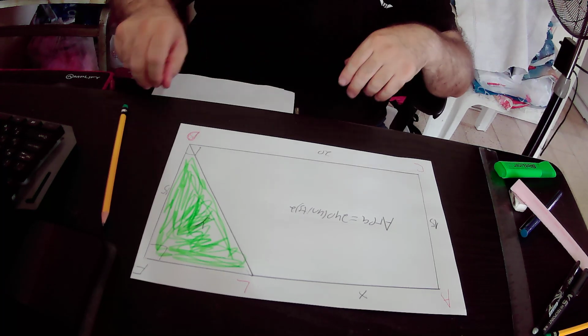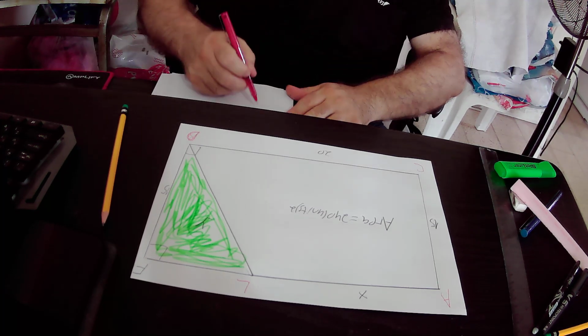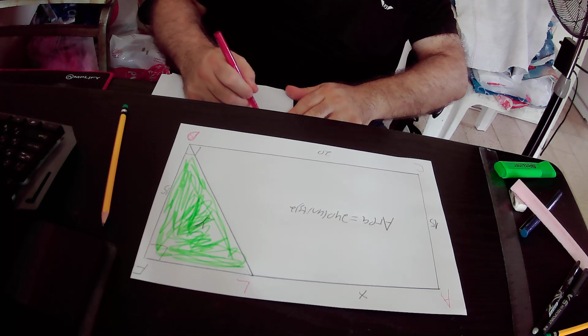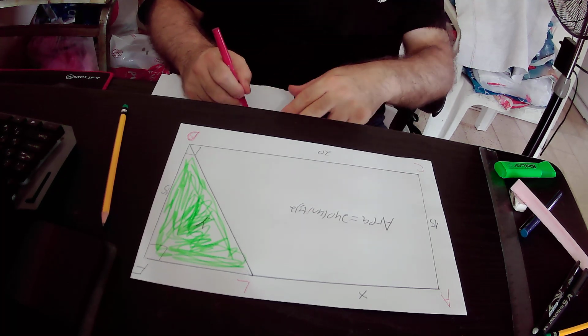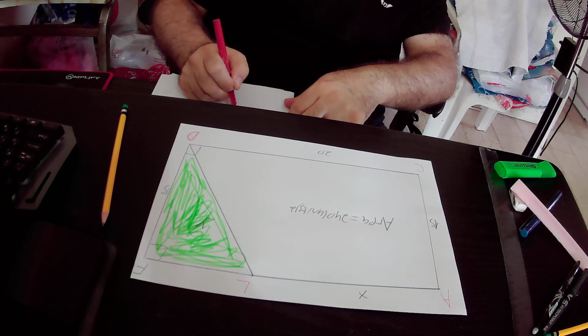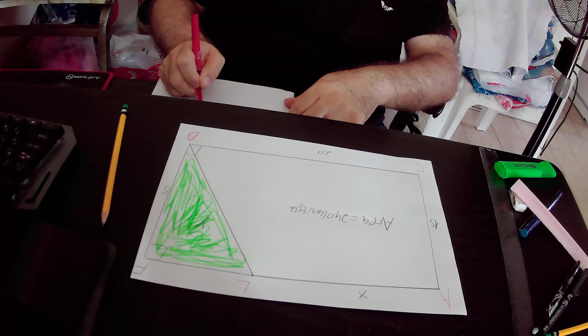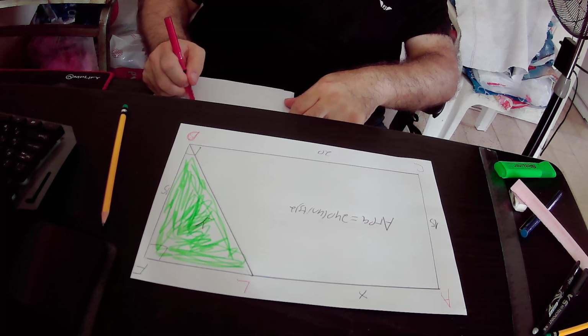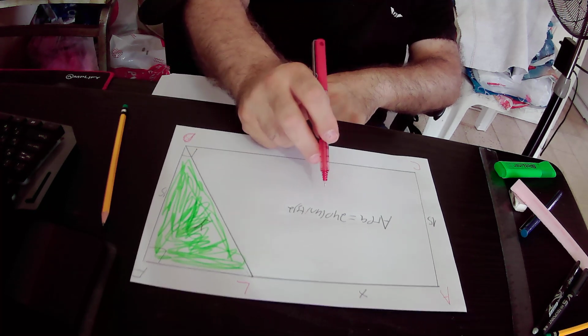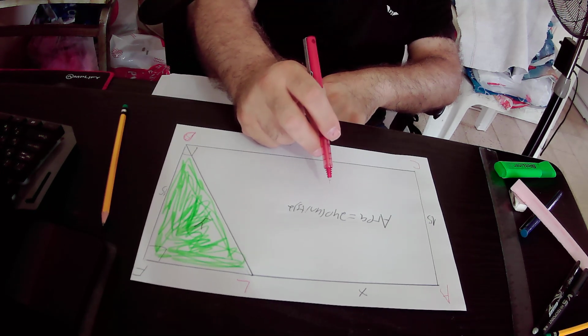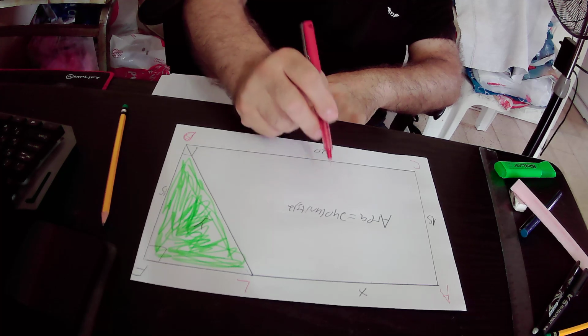So I write it down. The area of right triangle LFD equals the area of the rectangle minus the area of the shape that is given to us, that equals 240 units squared.